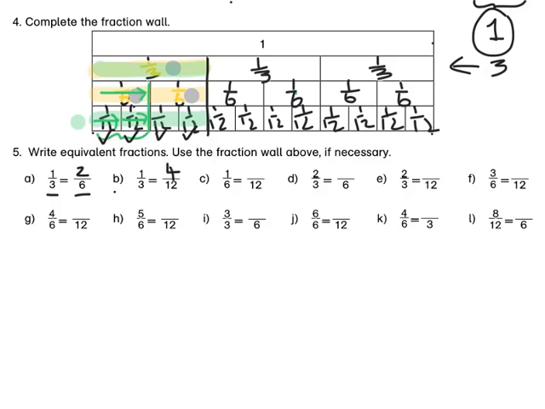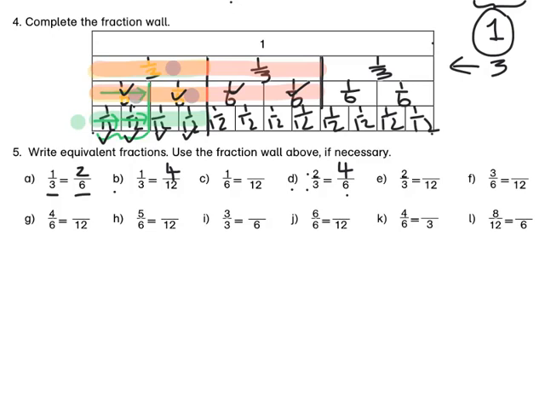Let's have a look. For D, we have 2/3 is equal to how many sixths? So we're comparing thirds with sixths. So here's 2/3. And there's our sixths. So, do you see that up until the point of 2/3, we have 1, 2, 3, 4 sixths.